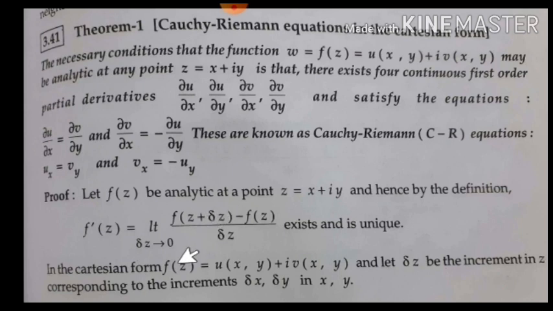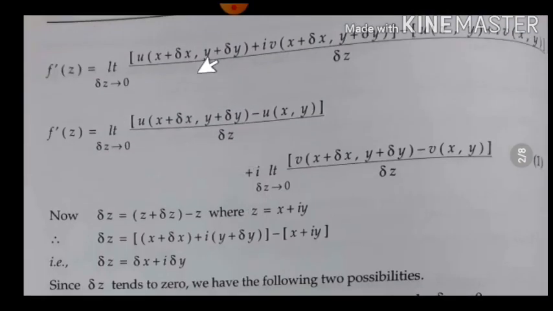In the right hand side, z consists of x and y, hence the small increment should be done with respect to x and y.